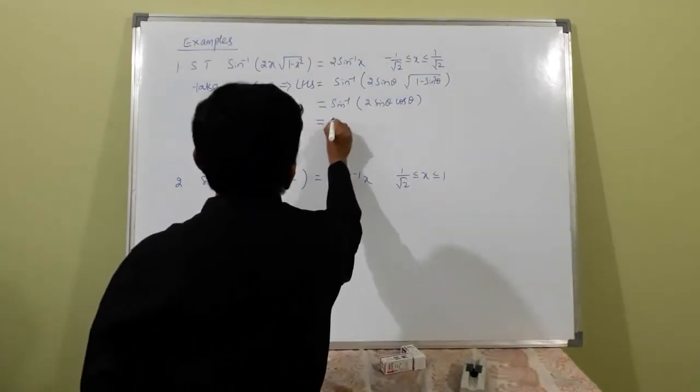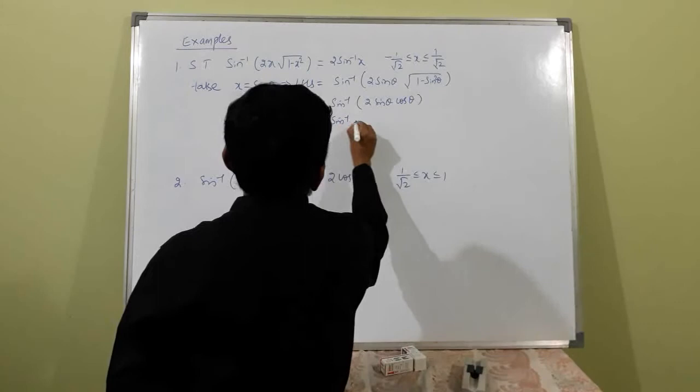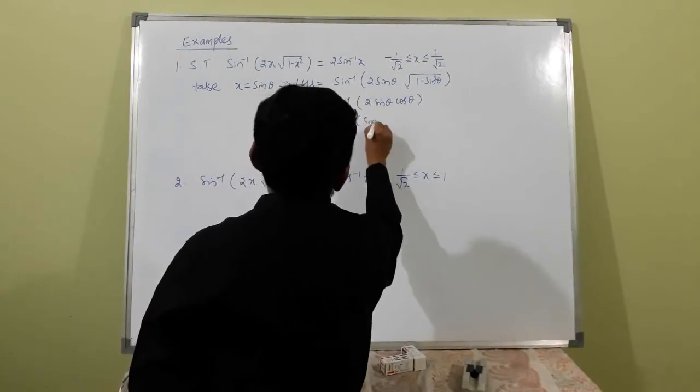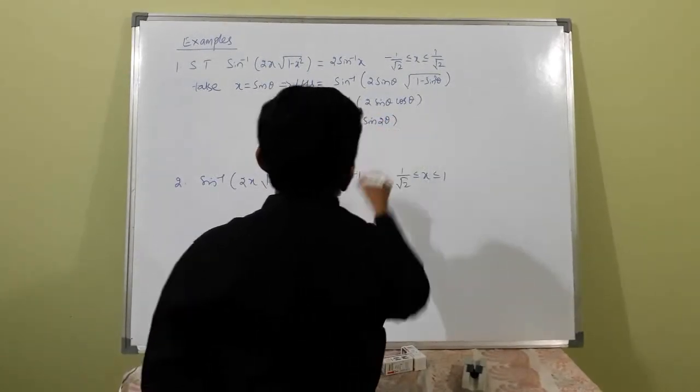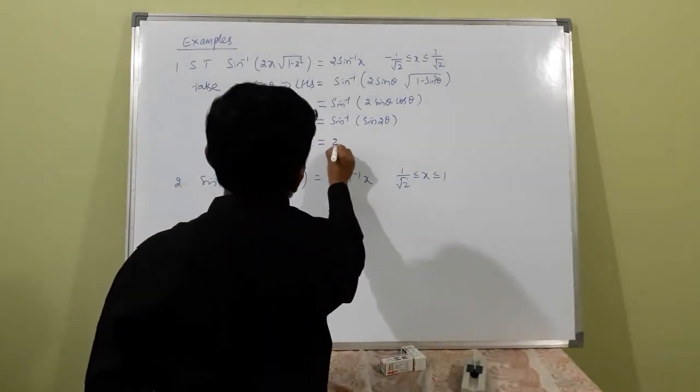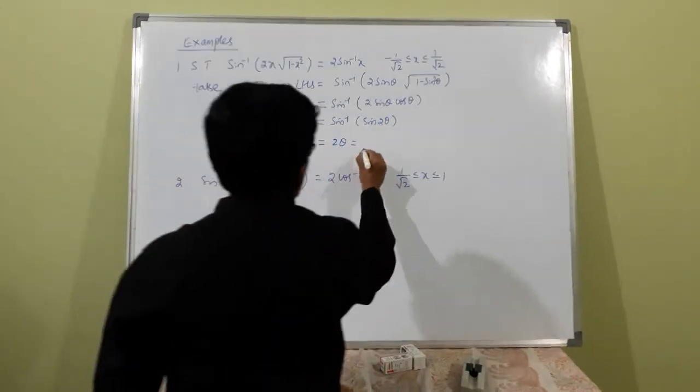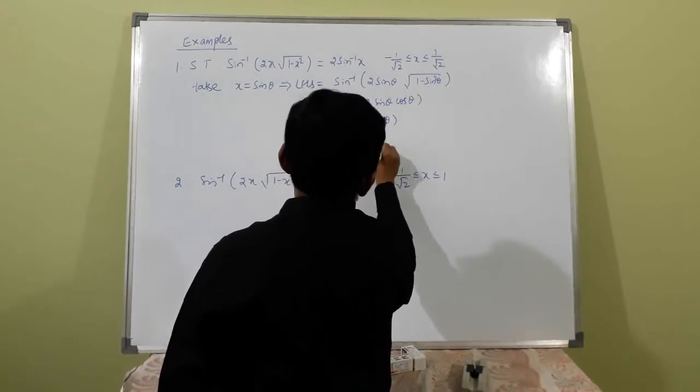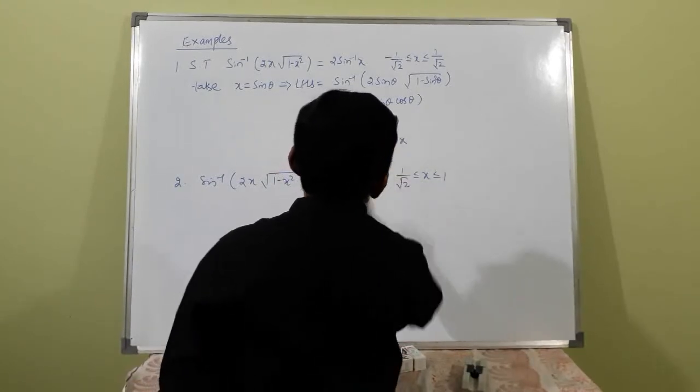That is sin inverse of sin 2 theta, 2 sin theta cos theta. This is equal to 2 theta. So theta is 2 times sin inverse of x.